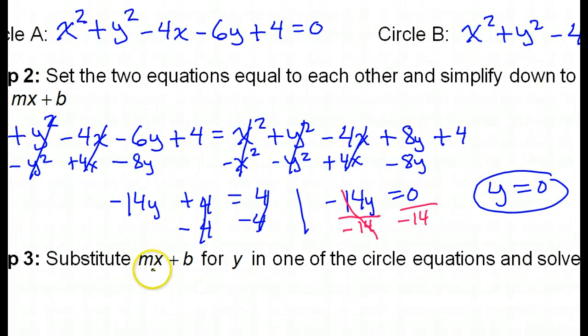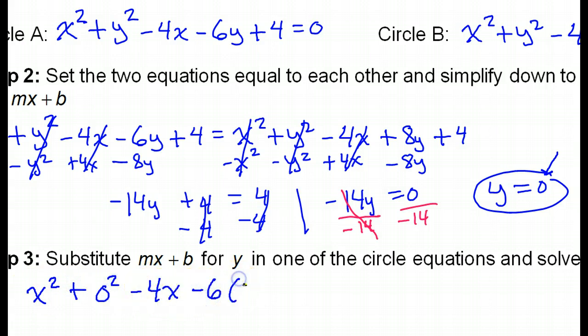So see where it says substitute mx plus b in for y? Well, in this case, we're just going to be substituting in 0 for y. Okay, let's just pick the first equation. So if I substitute 0 for y, then that gives me x squared plus 0 squared minus 4x minus 6 times 0 plus 4 equals 0.